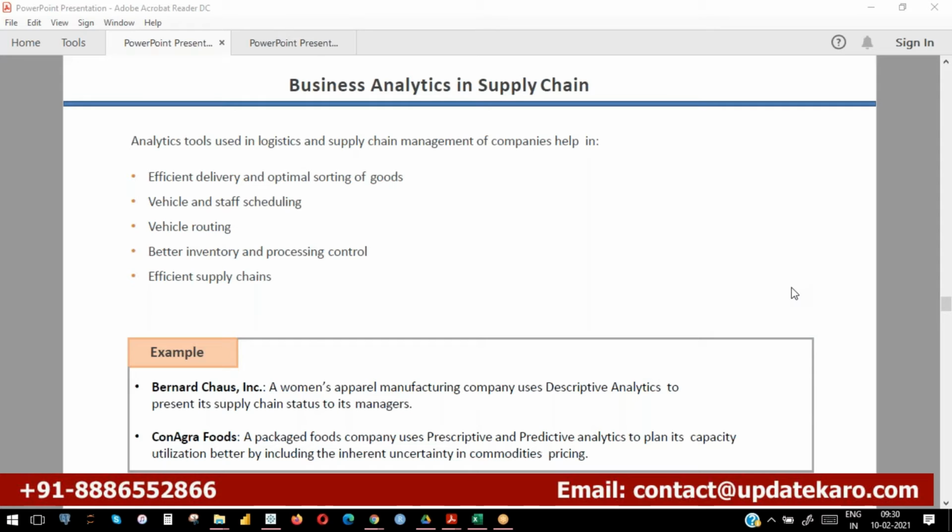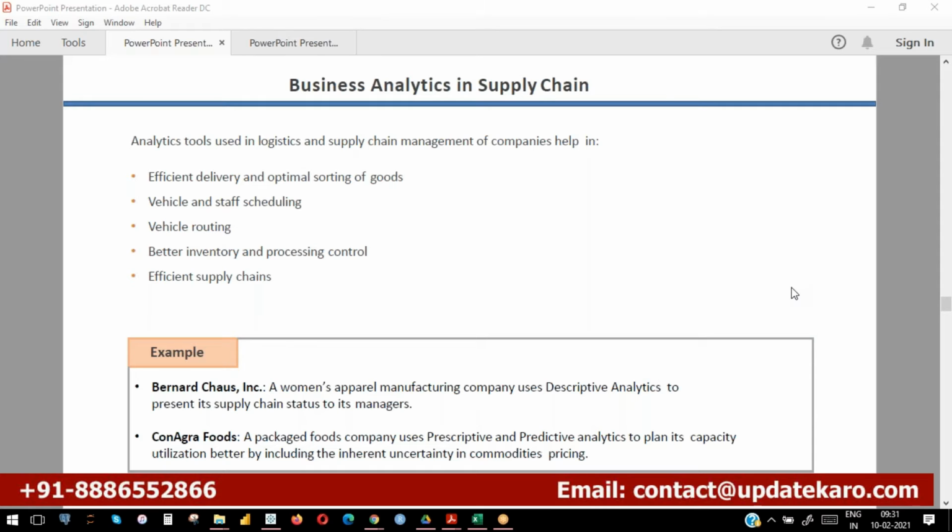Sneha, I think this is not the exact thing I wanted. Supply chain basically relates to logistics. You understand logistics, right? It is where you transfer goods from one place to another place, like when you order goods.